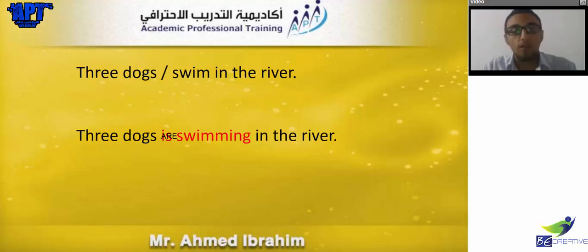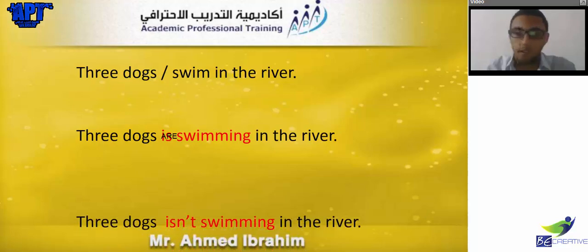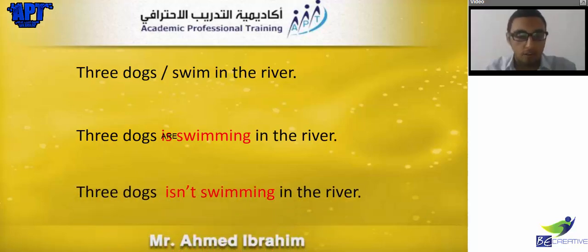Because the ones swimming in the river are plural, more than one, three. Okay, so three dogs are swimming in the river. And if I want to make it negative, this one should be aren't. Three dogs aren't swimming in the river.